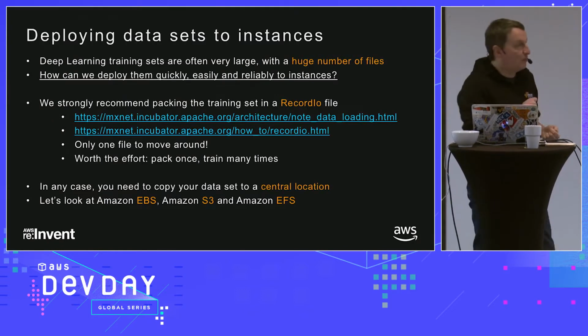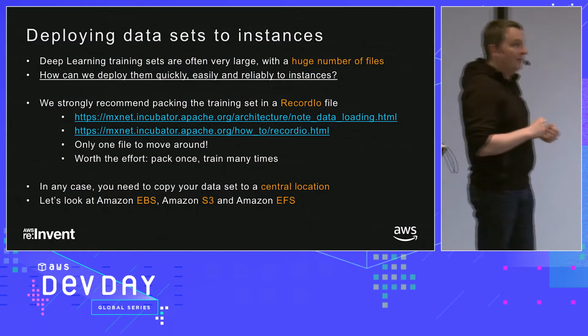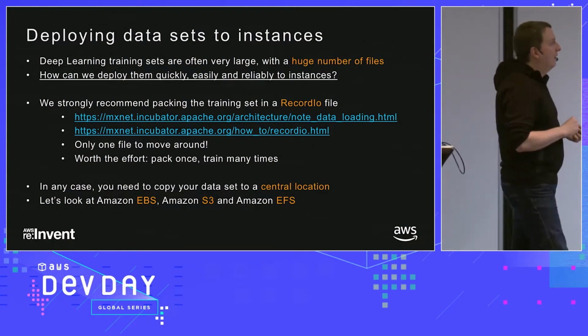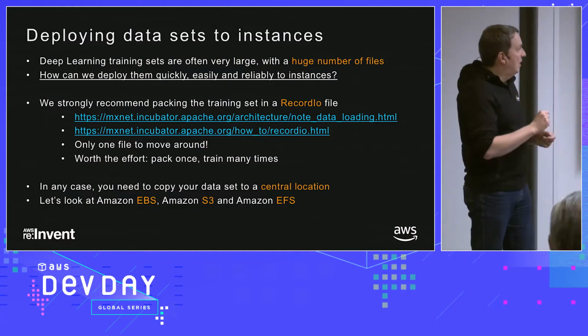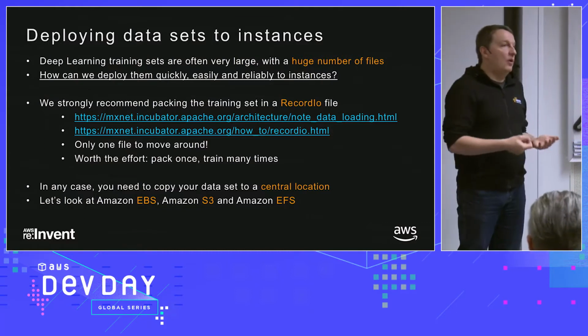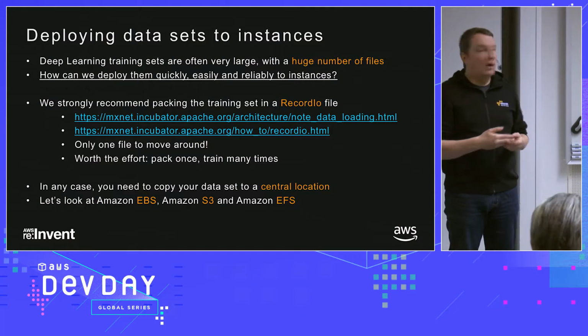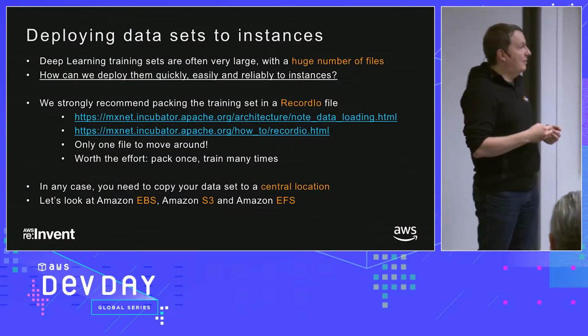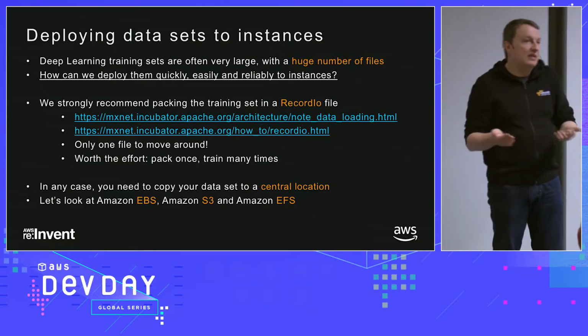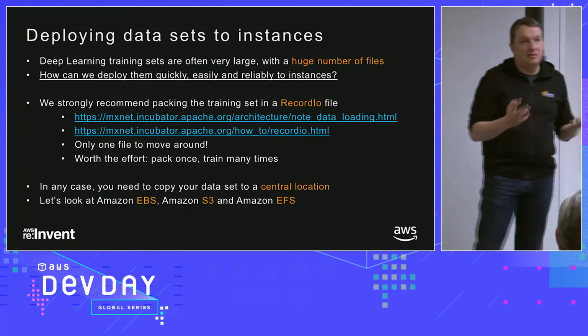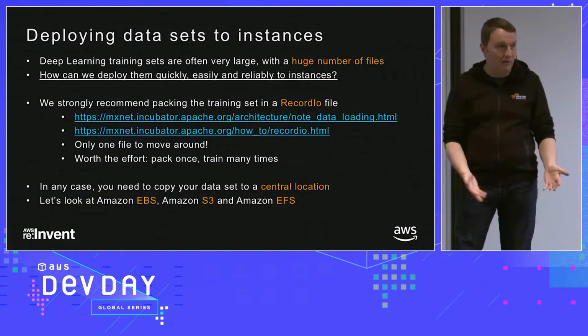So the first problem here, and somebody asked a question earlier about sharing the data set, and actually, it's a very good question. How do you efficiently deploy a large data set to multiple instances? The data sets I've worked with today are really tiny, they're megabytes, so no issue at all.